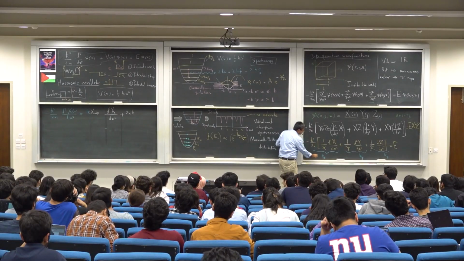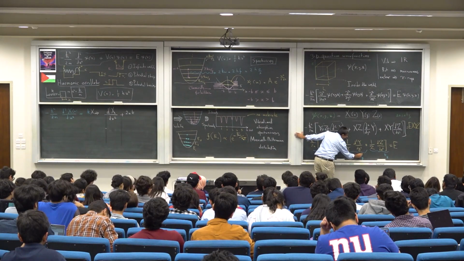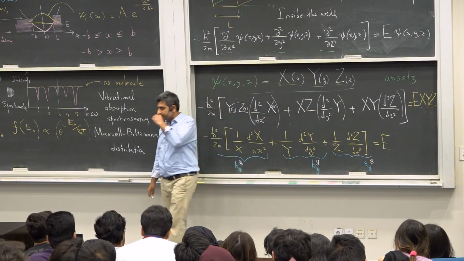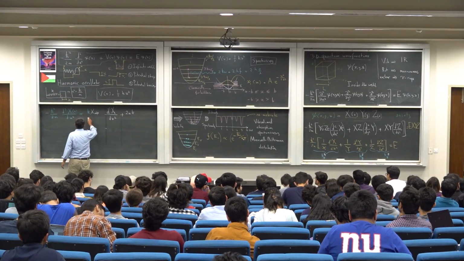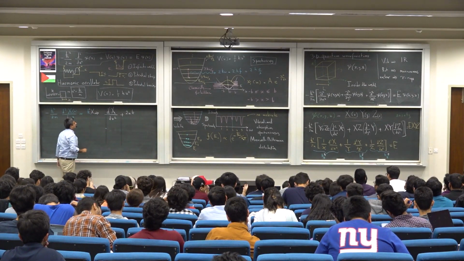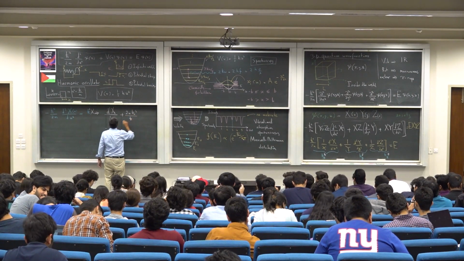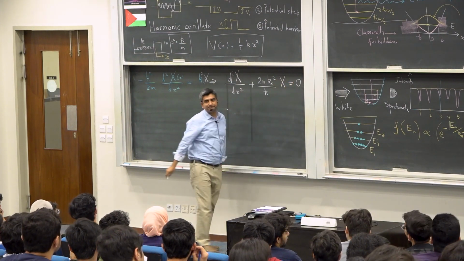I want to call this term kx square, ky square, kz square. Okay?